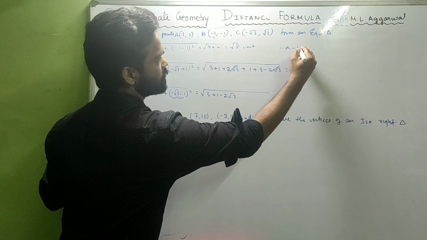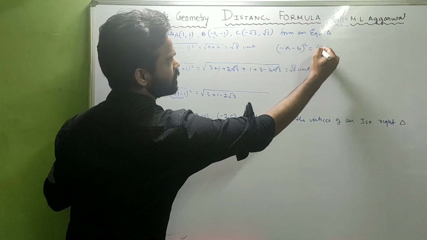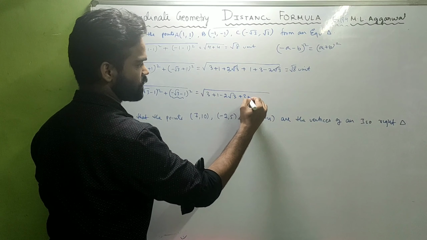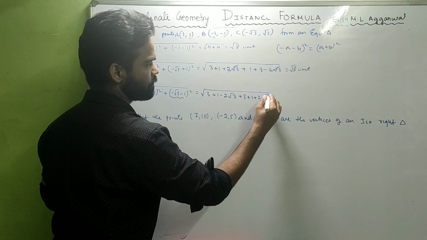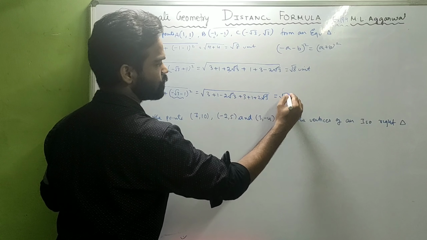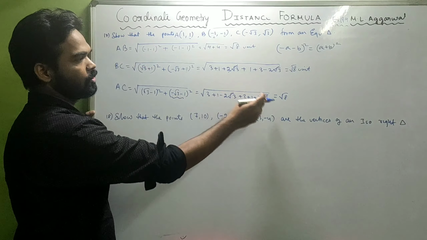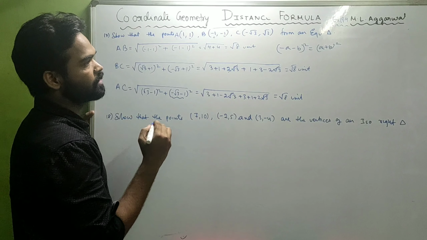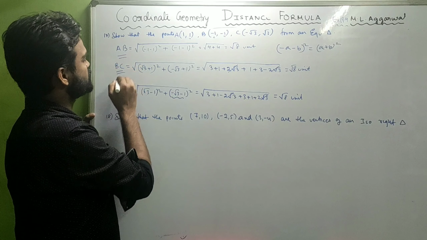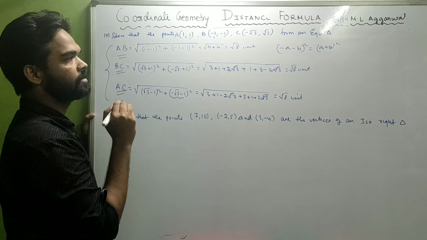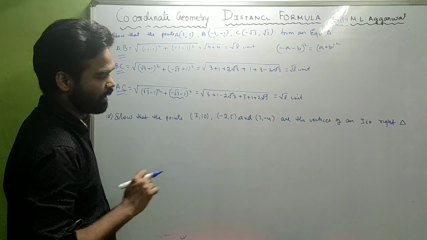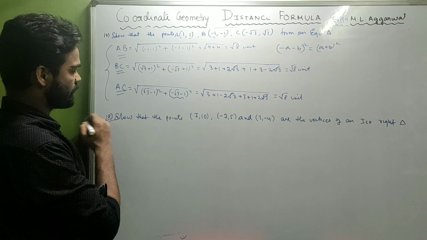So we can use a square plus b square plus twice ab. This goes away. So it's root 8 unit only. Am I clear? So you see AB, BC, AC, they are all equal, which means it's the vertices of an equilateral triangle. Done.